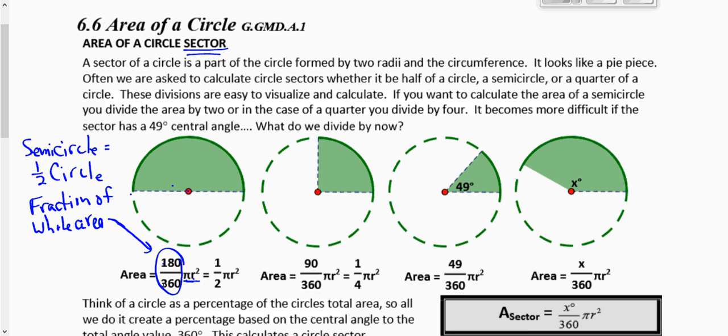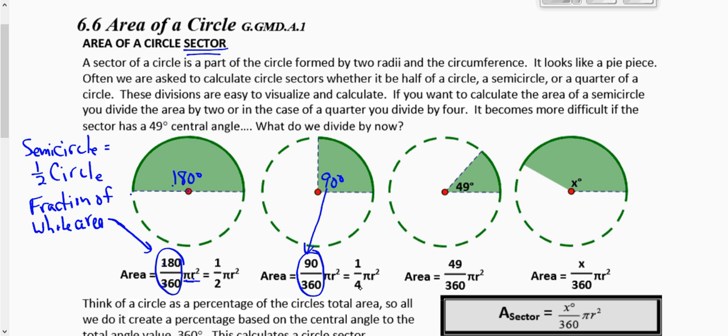Well, what happens when we have a sector formed by a central angle of 90 degrees? What's the fraction of the total area? Well, it's 90 out of how many? 360. 90 out of 360. And you can reduce that to lowest terms and make it 1/4, okay?